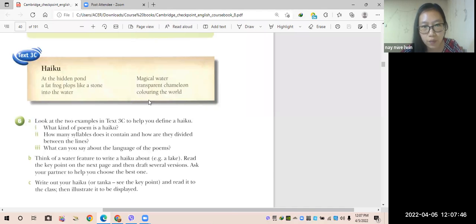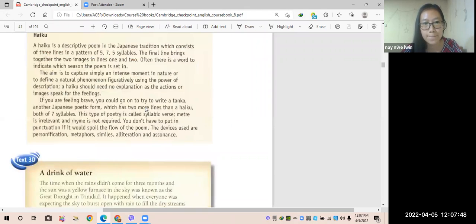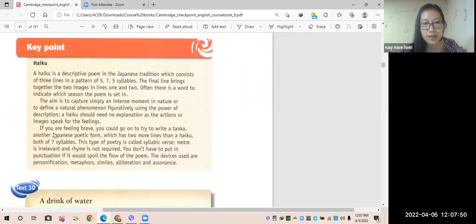Okay, so we know about haiku, right? So how about tanka? What is that? So here is a tanka. If you're feeling brave, you could go on to trying to write a tanka. So there is another kind of poem like that. Tanka is also a Japanese form which has 2 more lines than haiku, both of 7 syllables.